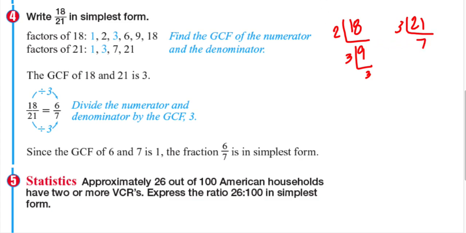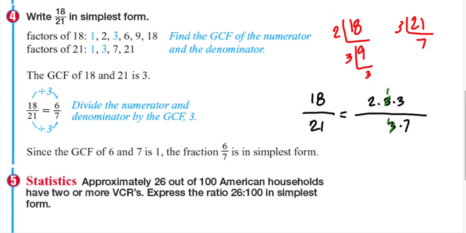Okay, so let's write our fraction, 18 over 21. And let's list the prime factors of 18: 2 times 3 times 3. Prime factors of 21: 3 times 7. Okay, so again, I can circle 3 because they're common, or I can just cross it out, put a 1, put a 1.